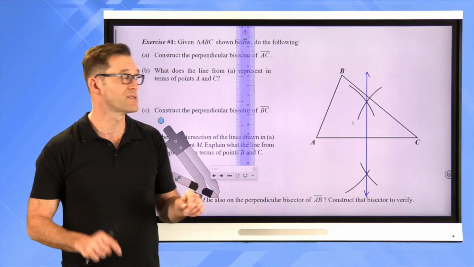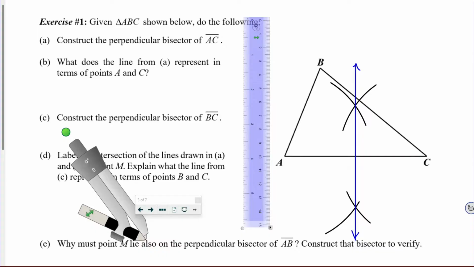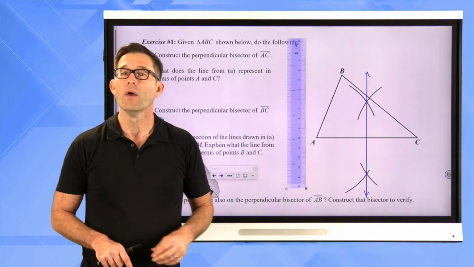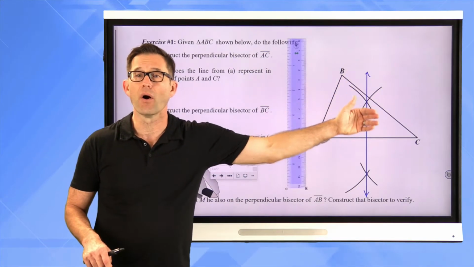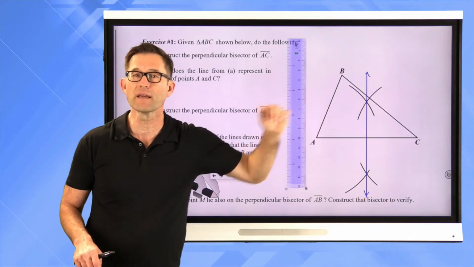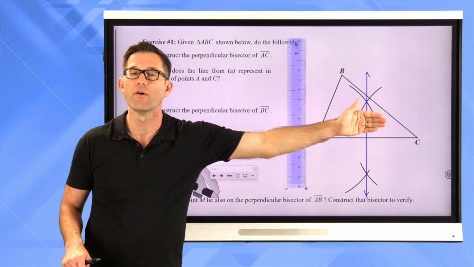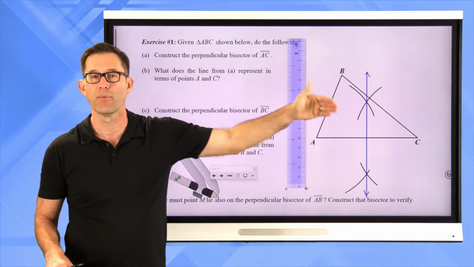All right, let's talk about letter B. I think I already kind of gave the answer away, but let's talk about it. What does the line represent in terms of points A and C? Well, what does the perpendicular bisector always represent in terms of the endpoints of a line segment? It represents all points that are equidistant from the two endpoints, right?